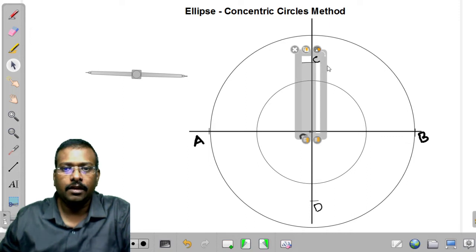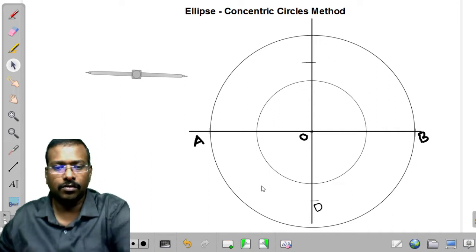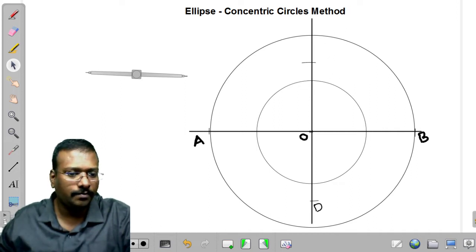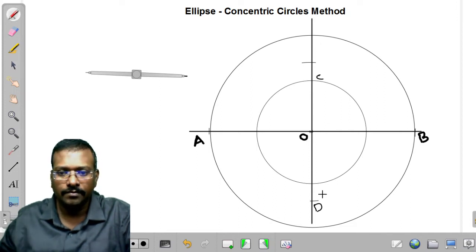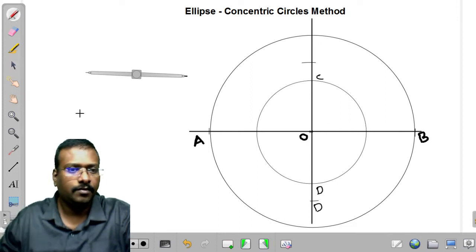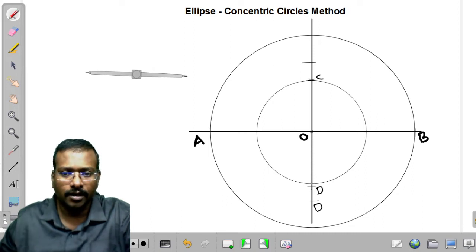So this point is C. This is D. So arcs are going to be here and here. For the neat diagram, I am changing these positions. That's all.